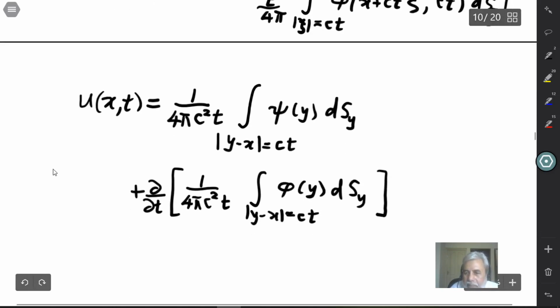Again, I will stress that this is the formula for n equal to 3. Just remember that.